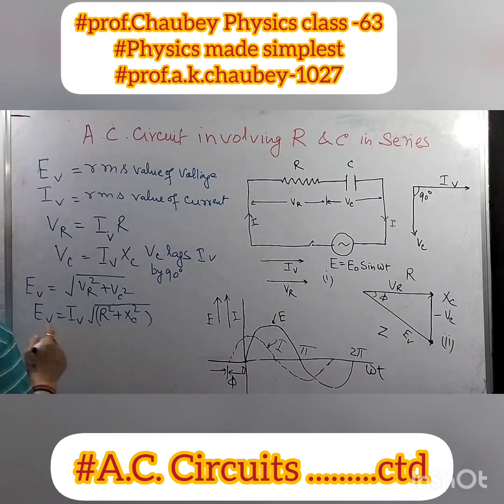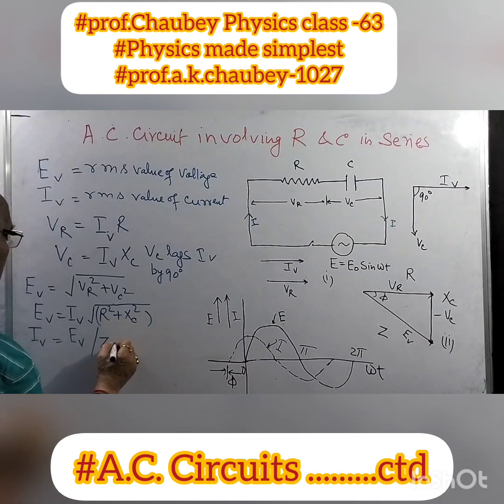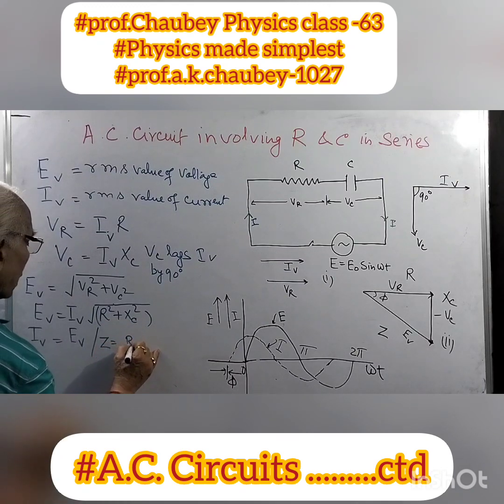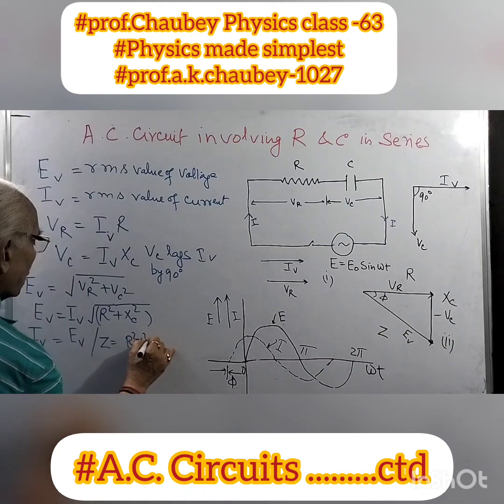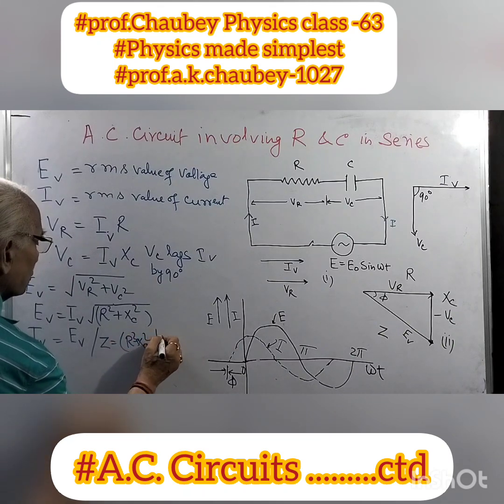So this means that current IV is equal to EV upon Z, that is the impedance, equal to R square plus XC square to the power 1 by 2.